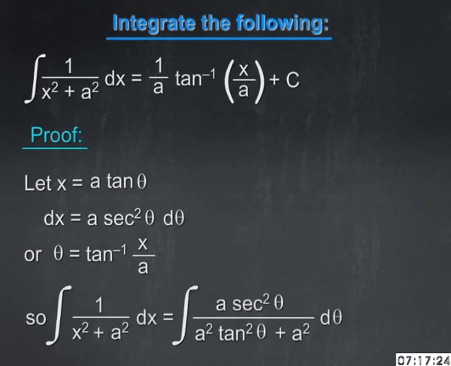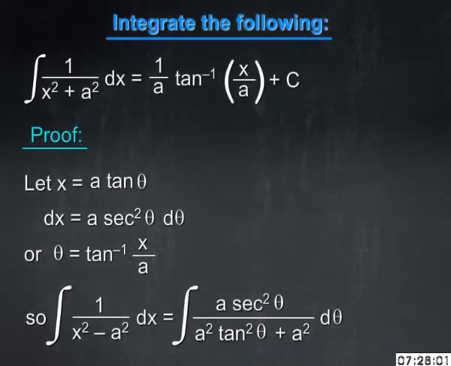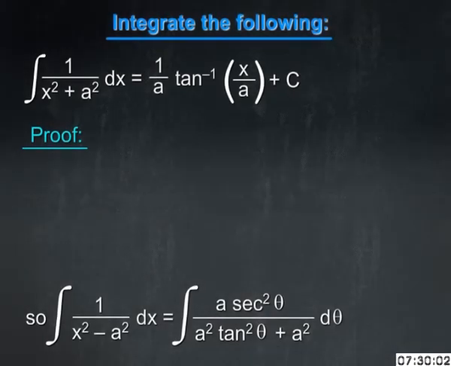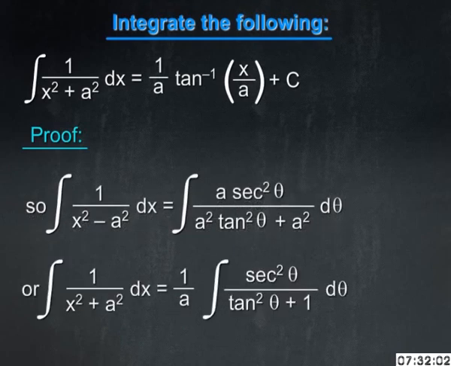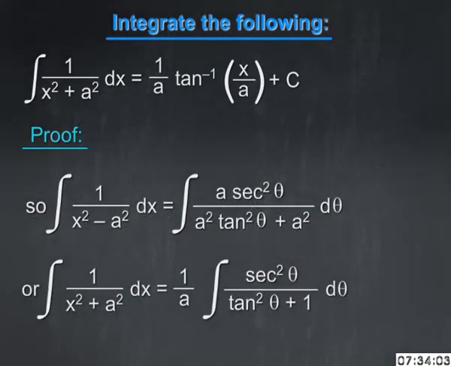So integral of 1 upon x square plus a square with respect to x becomes integral of a secant square theta upon a square tan square theta plus a square with respect to theta. Or integral of 1 upon x square plus a square with respect to x is equal to 1 upon a into integral of secant square theta upon tan square theta plus 1 with respect to theta.